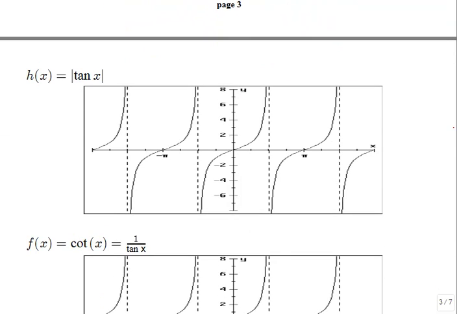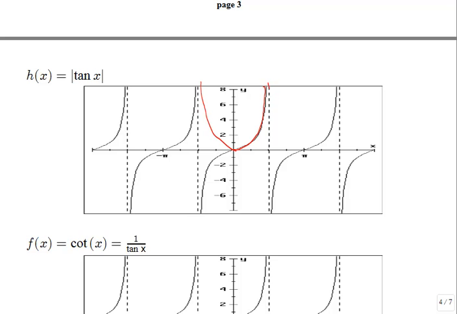Okay, what would the graph of the absolute value of tangent of x become? Well, absolute value just takes anything that was positive and keeps it positive, and anything that's negative turns positive. So all of these points on my tangent curve are already positive, so the absolute value is not going to change them. But all these points down here are negative, so when I turn them positive, that just flips them over the x-axis, and you get this graph like that.